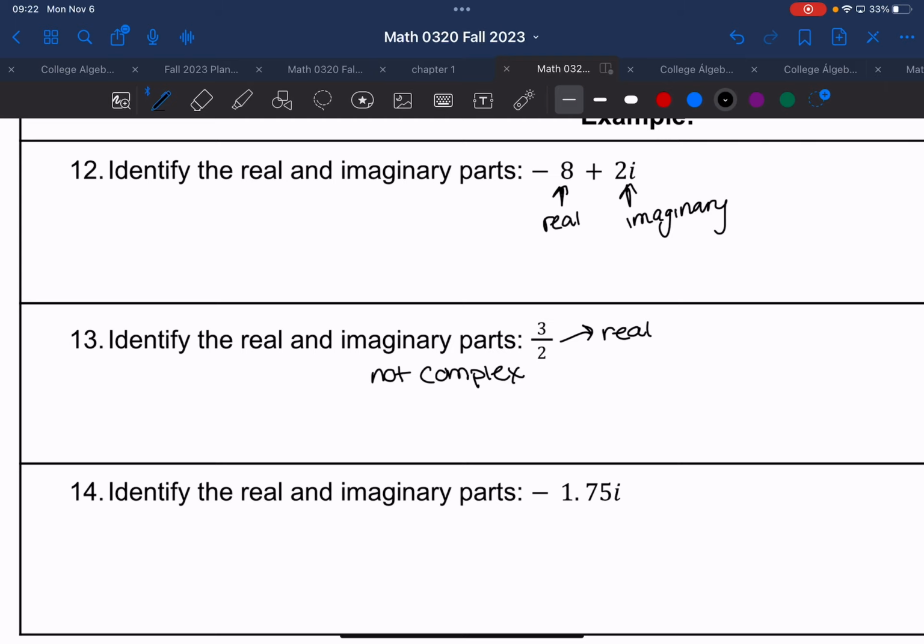You can count to 3 halves, you can count to -8, but you can't count to 2i. For number 14, -1.75i, is that complex? No, because it's missing what? It's missing real, because this is imaginary.